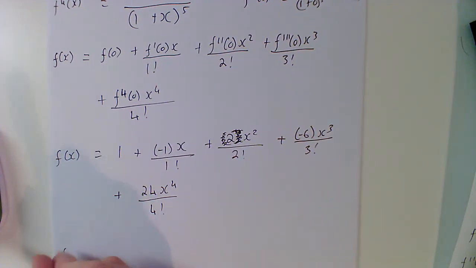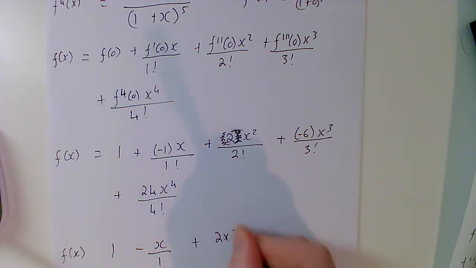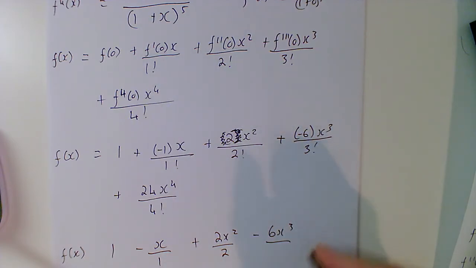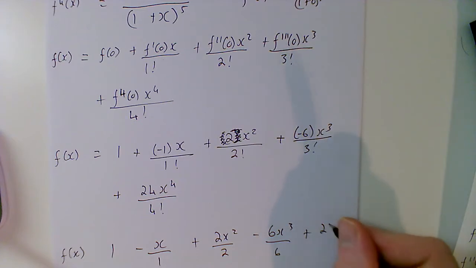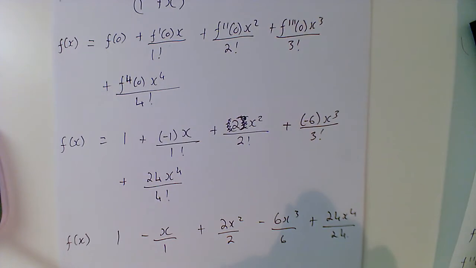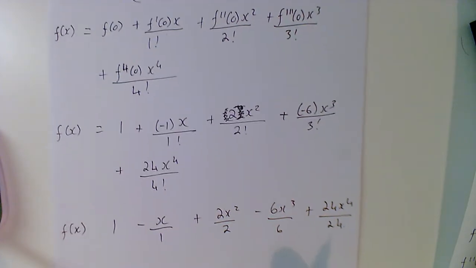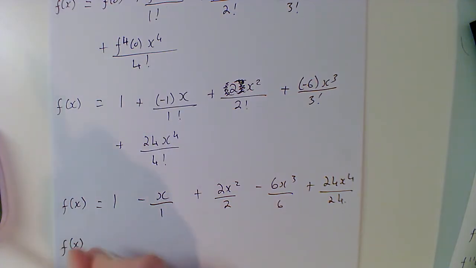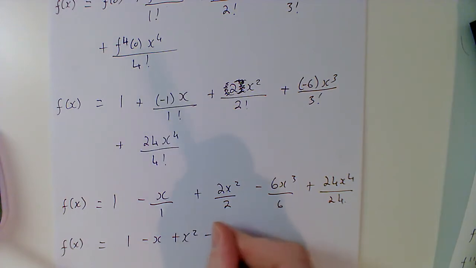Right, simplify. So that's going to give me 1 take away x over 1 plus 2x squared over 2 take away 6x cubed over 6 plus 24x to the power of 4 over 24. So isn't that lovely? That means that the Maclaurin expansion is 1 take away x plus x squared take away x cubed plus x to the power of 4.